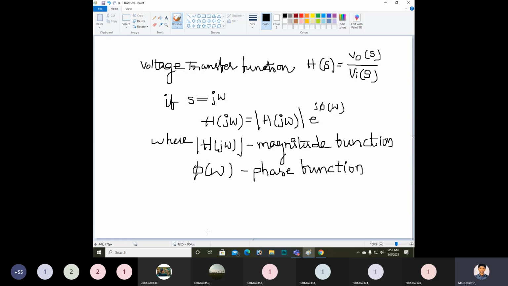Usually the magnitude response of this active filter is given in decibels, 20 log mod H of J omega.